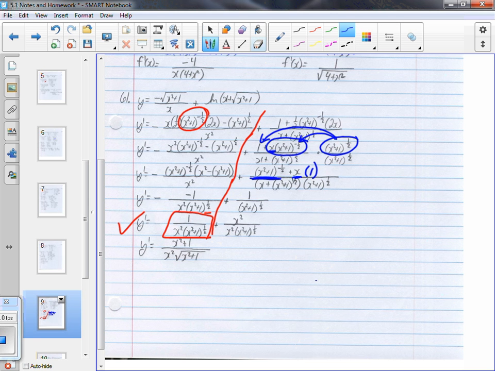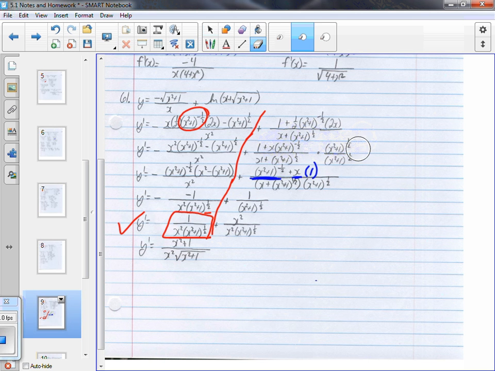X times 1, x. Well, that was nice. Don't look at the denominator, and you'd be very pleased at this point, right? But we do have to look at the denominator. All right, so I've got my original denominator times that new thing that I decided I needed to multiply by. Okay.